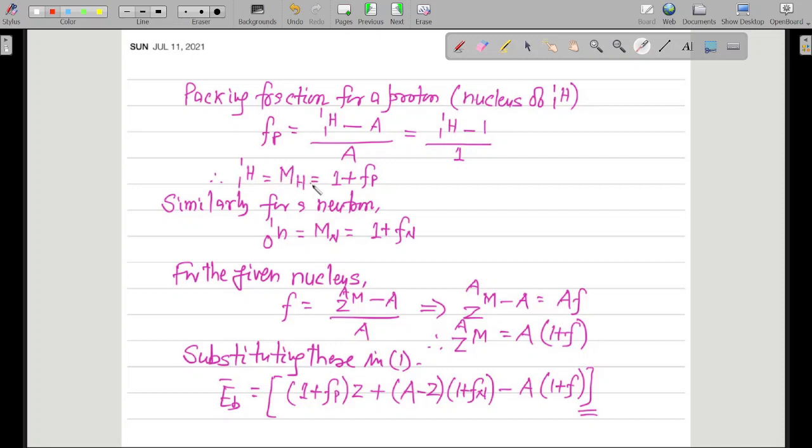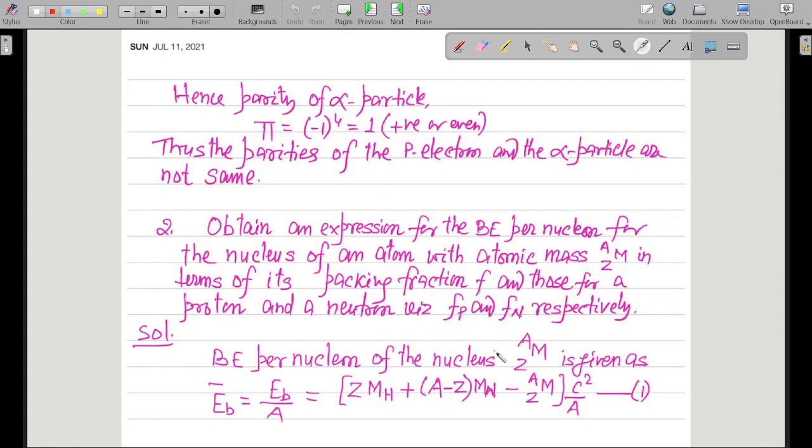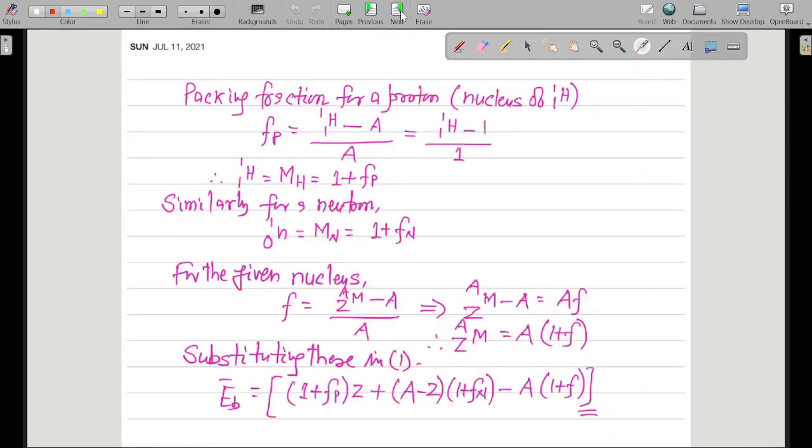We need to eliminate M_H, M_n, and M_ZA from here, and substitute all these terms in terms of packing fraction. So M_ZA, successfully we have got A into (1 plus F).